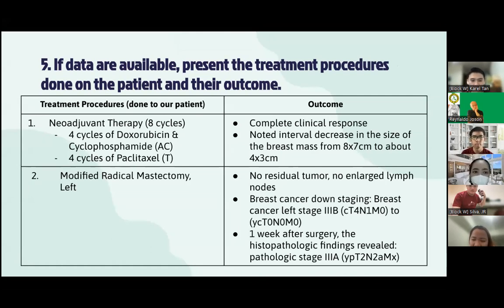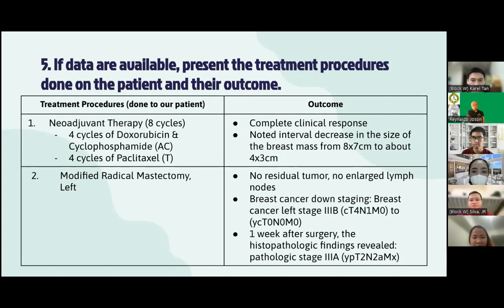So she underwent modified radical mastectomy of the left breast, wherein intraoperatively there was no residual tumor, no enlarged lymph nodes, and the breast cancer was downstaged from breast cancer left stage 3B, clinical T4N1M0 to clinical T0N0M0.